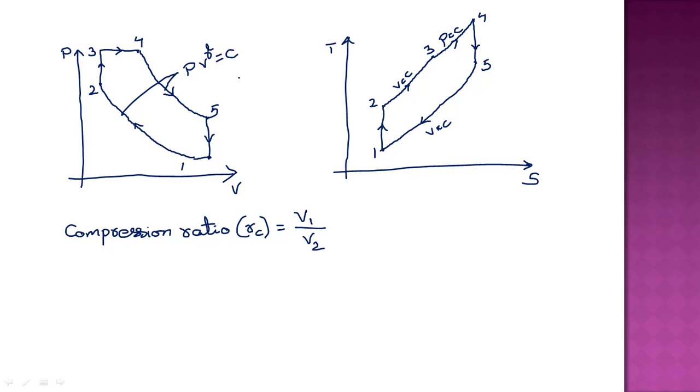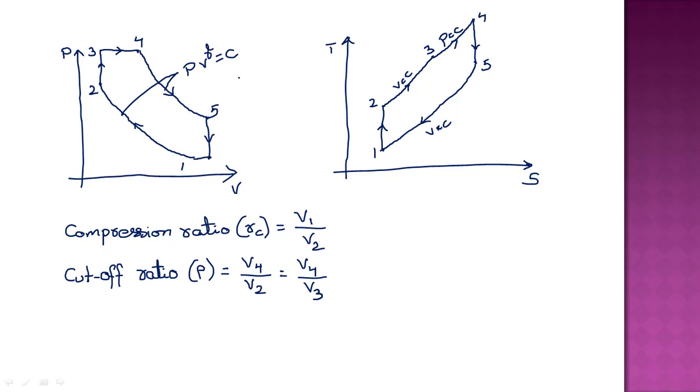So here we will come across cutoff ratio. So this cutoff ratio is denoted by rho, which is volume at the end of heat addition, which is V4, by volume at the beginning of heat addition, which is V2. As we know that V2 is equal to V3, we can write V4 by V3 also as cutoff ratio.